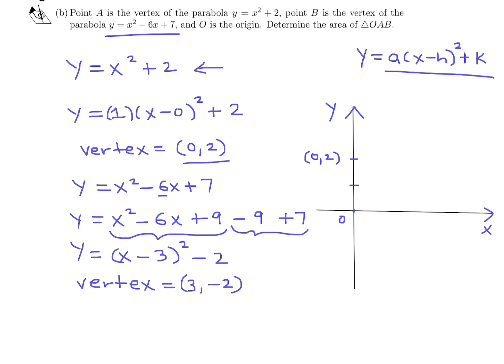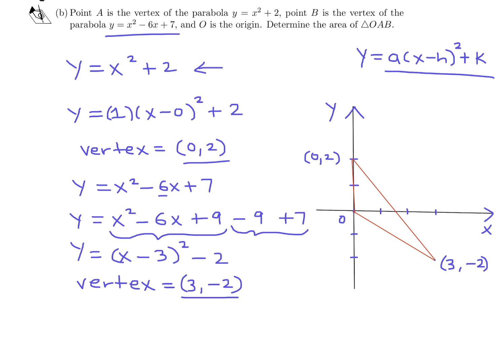And the next one is (3, -2), so 1, 2, 3, and -2. These three points form a triangle, so connect those three points like that.